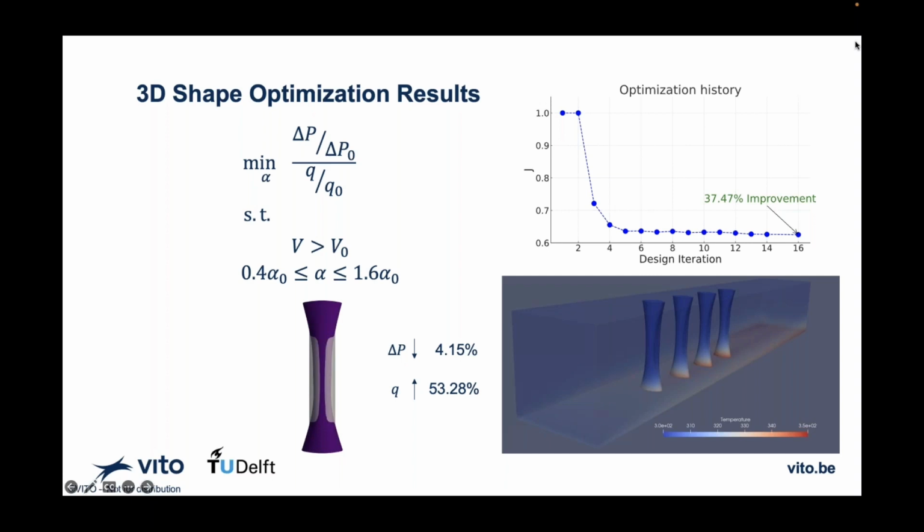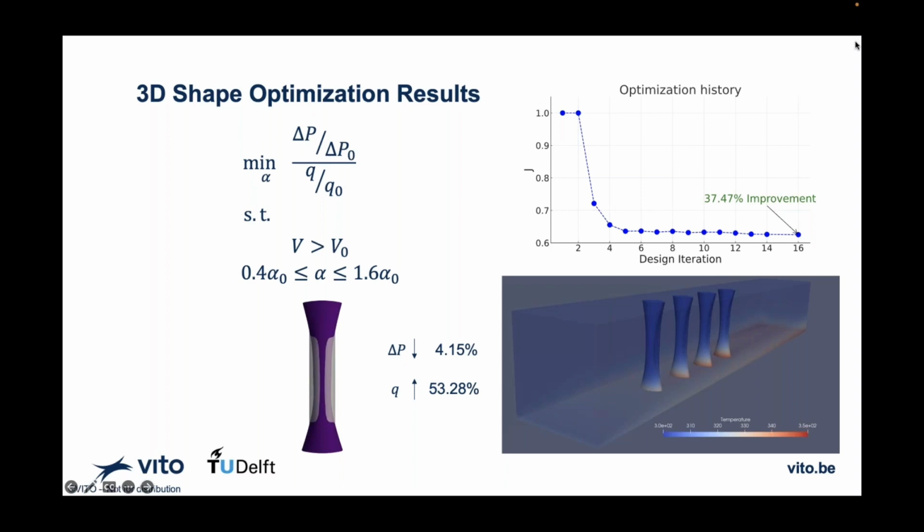And this is the kind of shape that we get, where you could see it's enlarging the bottom, where we have larger heat flux, and minimizing the central core area where there is larger drag or larger pressure drop.